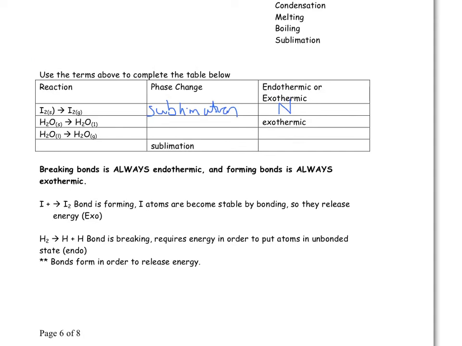The next phase change is going from a solid to a liquid. That is called melting. That may also be called fusion in chemistry. And we know that going from a solid to a liquid is actually not exothermic, but instead is endothermic. So that would be a typo.